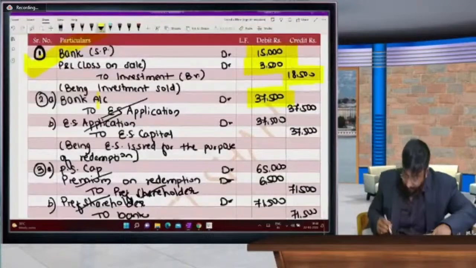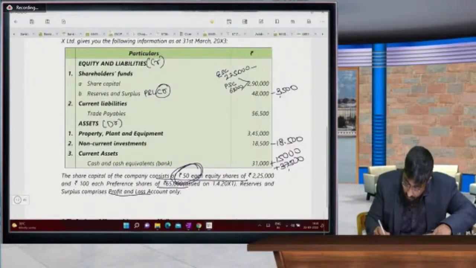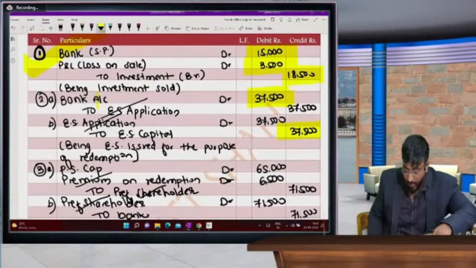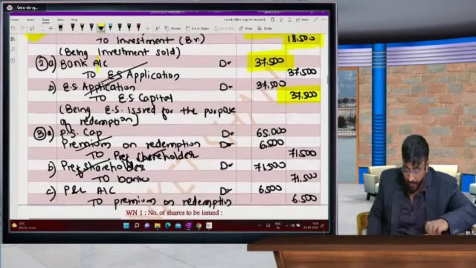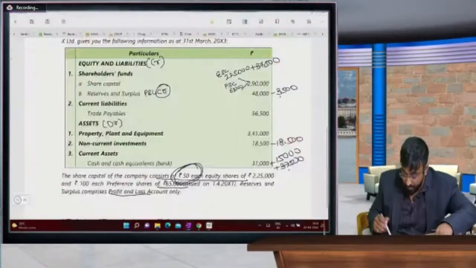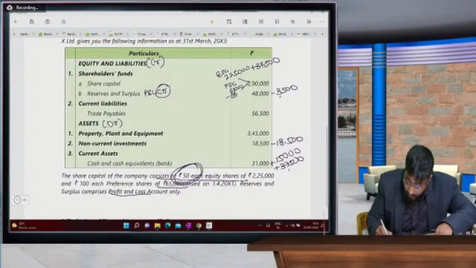Yes, sir. To equity share application cancel. Debit cancel. Again capital increased, 37,500. Preference share capital debit by 65,000. So beta, capital has a credit balance and now you are giving debit.